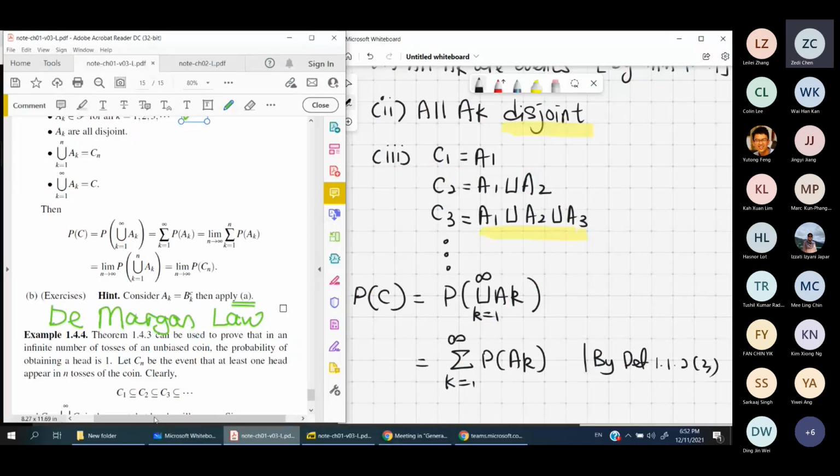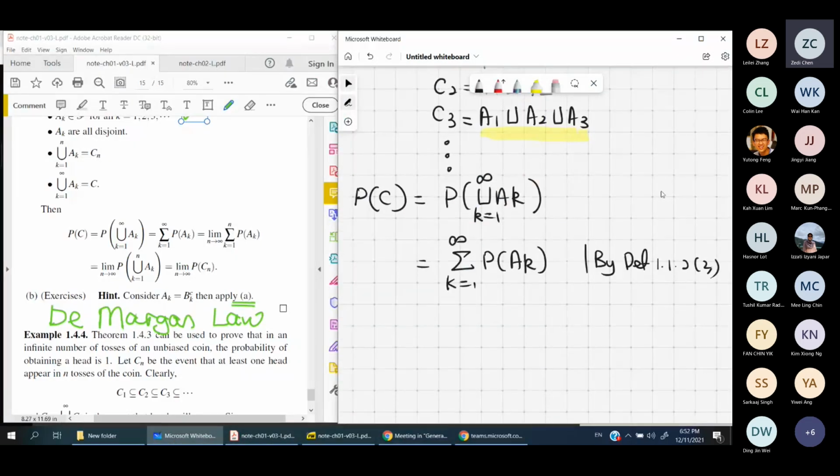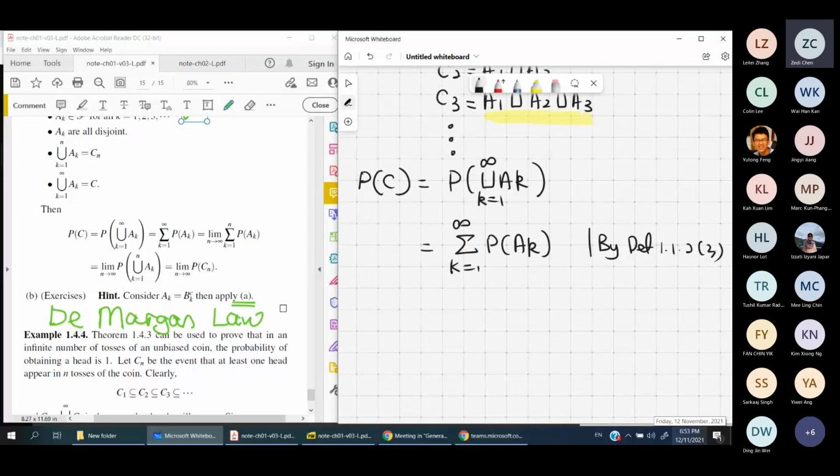Okay, so we can get this, and I think the next thing will be straightforward. This is written as the limit as n goes to infinity of the summation of K from 1 to n of P of AK, right? And again, we just focus on this part only. Forget about the limit, just look at this part only.